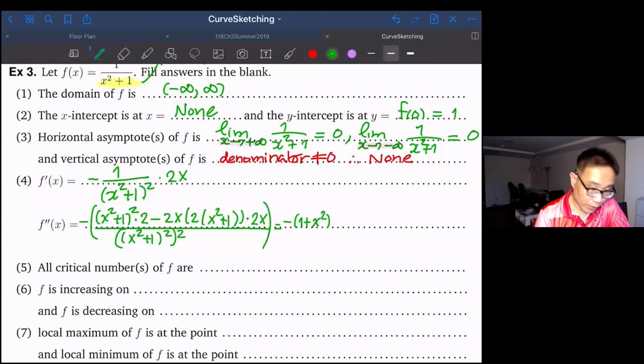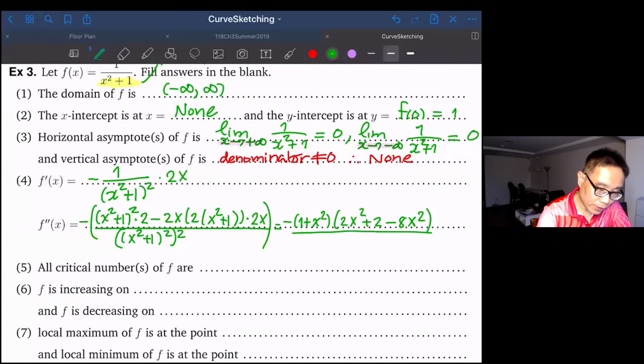okay? And you're gonna have 2x squared plus 2, okay, plus 8x squared. Not plus, minus, okay, and it's gonna be over x squared plus 1 to the fourth.